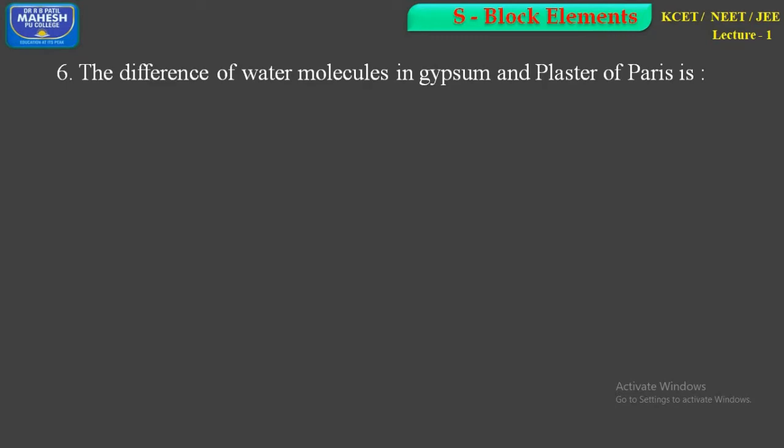The difference of water molecules in gypsum and plaster of Paris is option A, 5/2 molecules, option B, 2 molecules, option C, half molecule, and option D, 3/2 molecules of water.